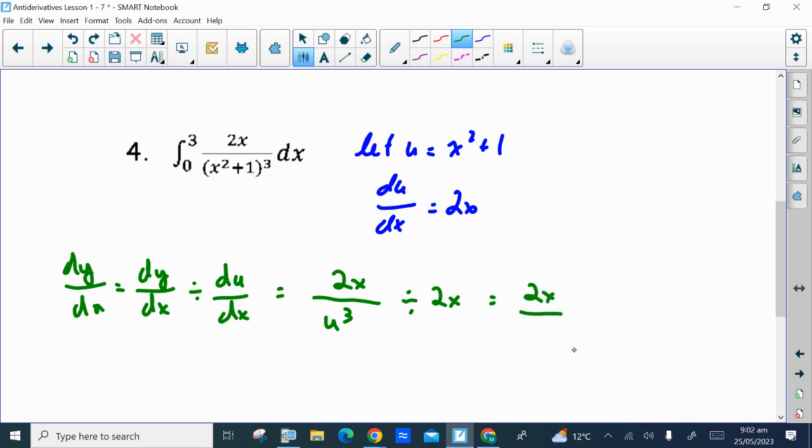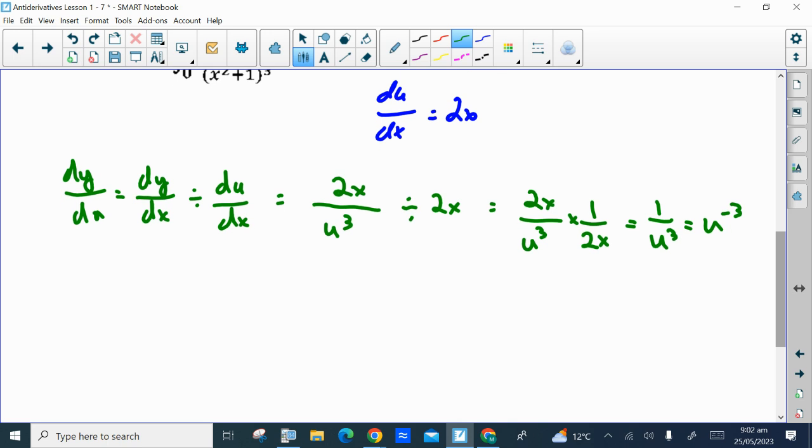If we look at it like that, the 2x's cancel, and you're left with 1 over u cubed, or u to the negative 3. That's what we'll take the antiderivative of. If we add 1 to the negative 3, we'll get negative 2, which we also have to divide by. So it becomes negative 1 over 2 u to the negative 2, or negative 1 over 2u squared.